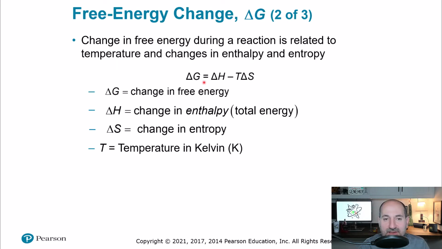So now we know what delta G means, right? Change in free energy. But what does delta G depend on? What other variables can change this value?